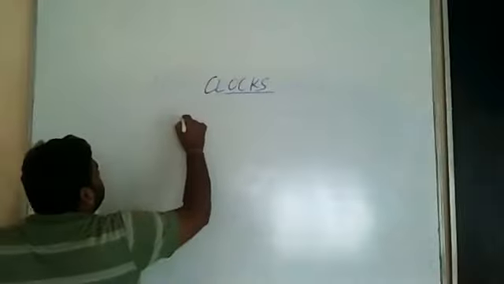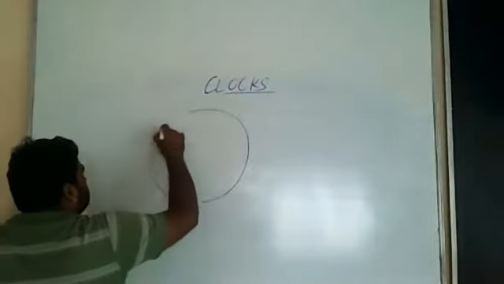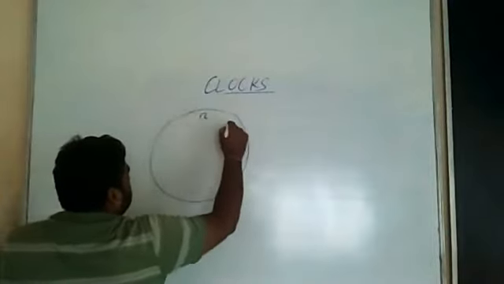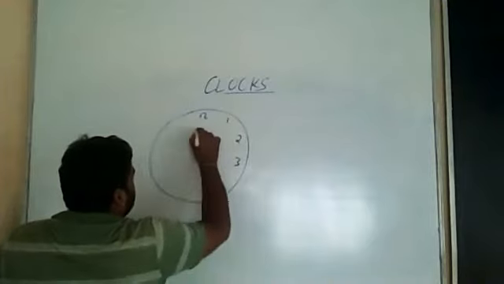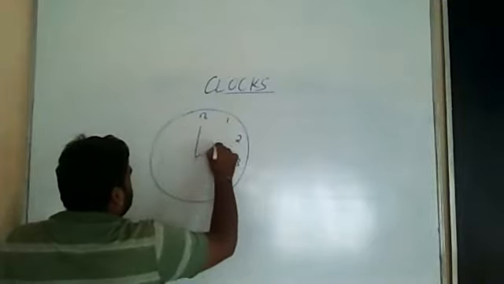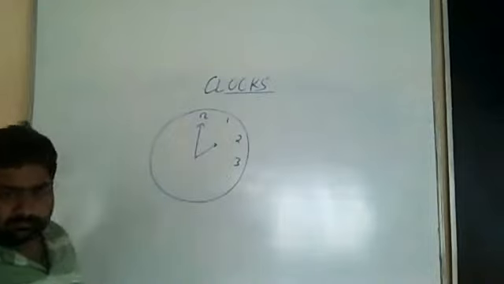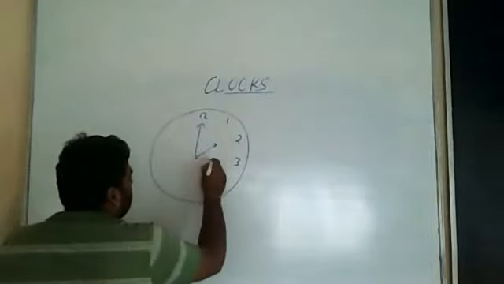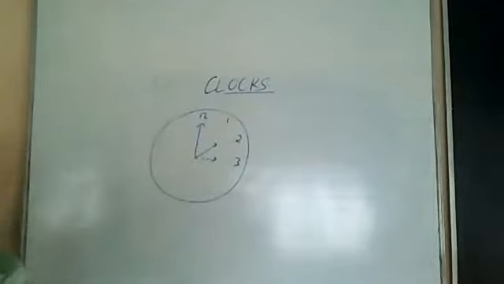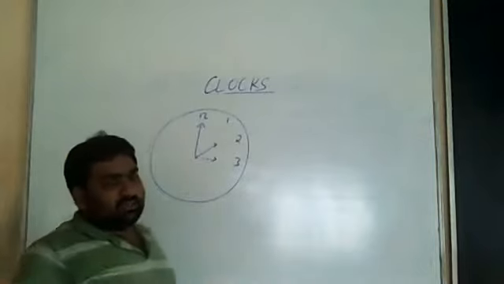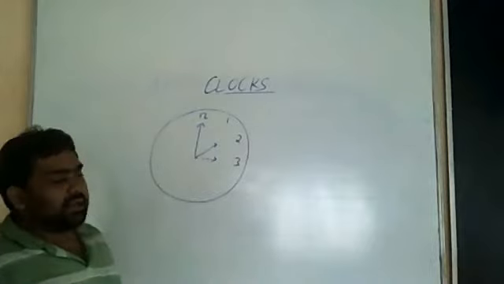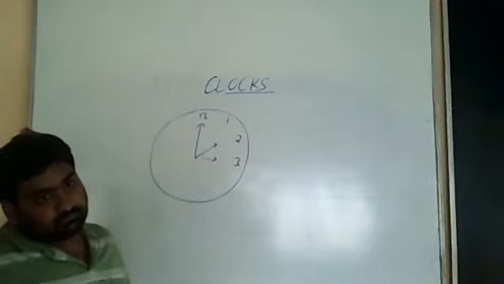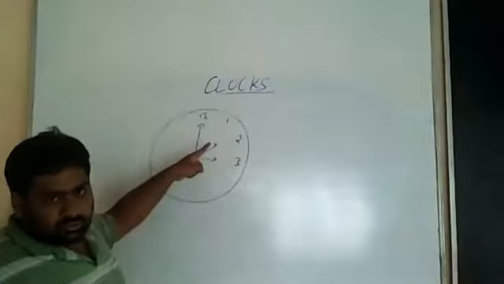Just tell me. This is 2 o'clock and this is 3 o'clock. From 2 o'clock to 3 o'clock, how many degrees has been covered by our hand? 30 degrees, because the hour hand was here, and slowly it has moved here.